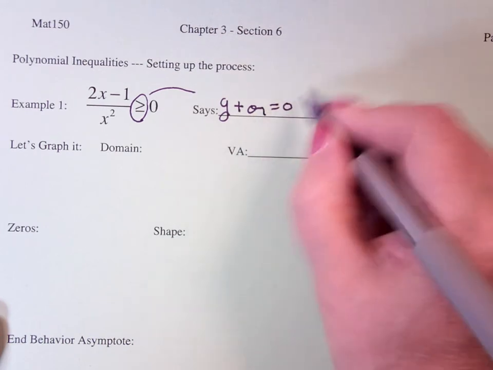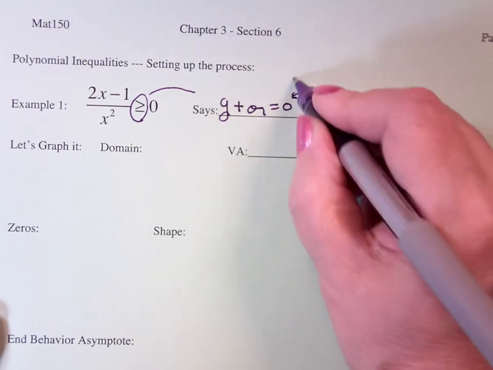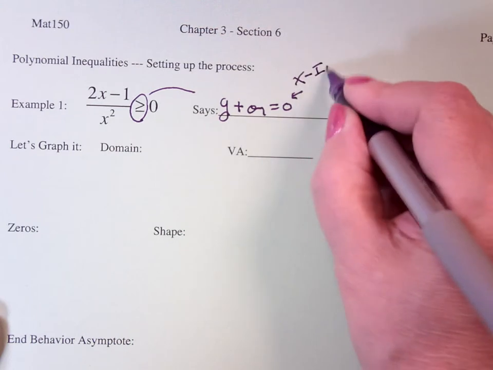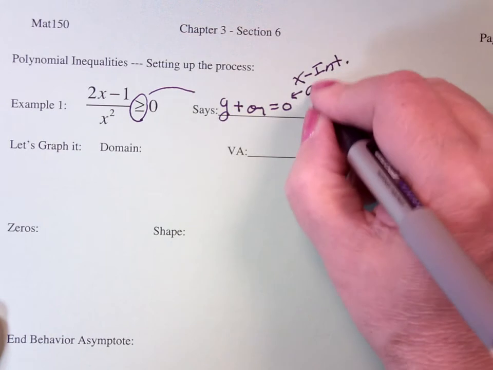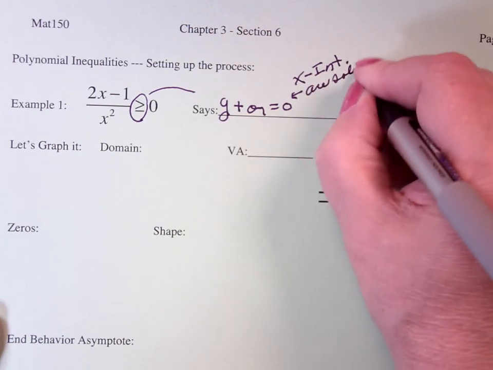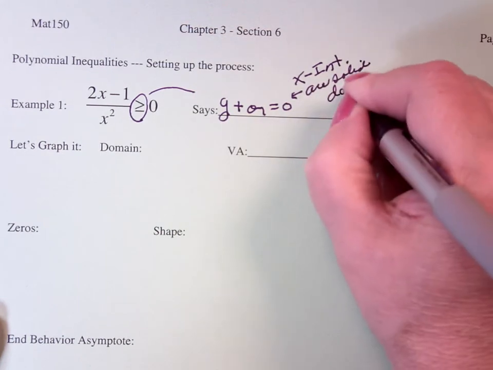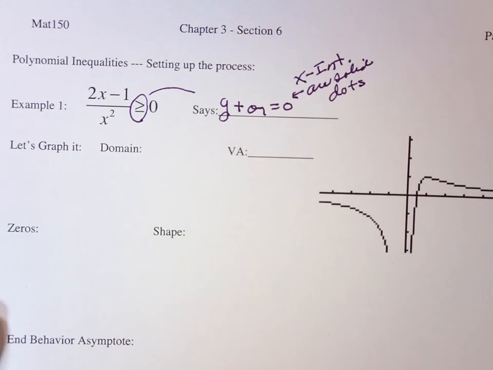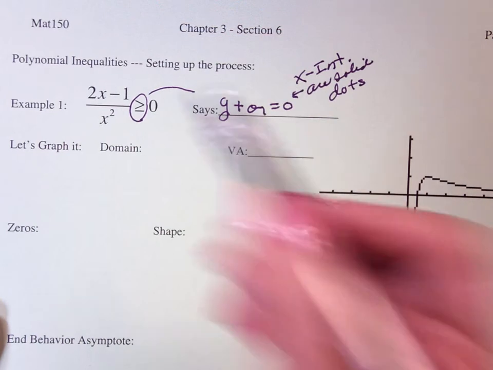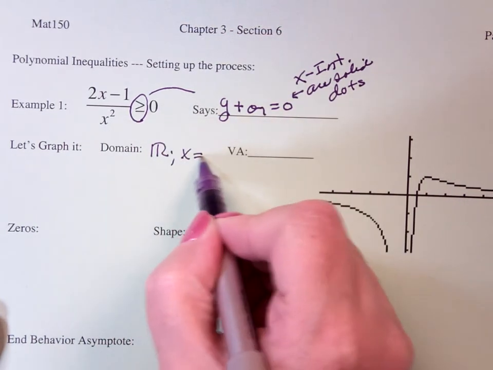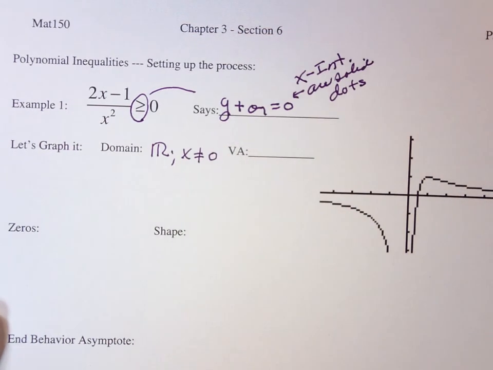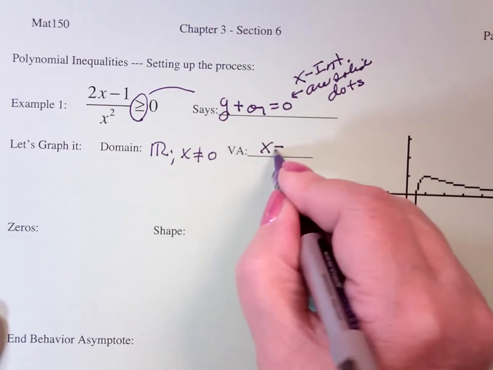The or equal to 0 means that the x-intercepts are solid dots. And if I take a look at the domain, it's all real numbers except x can't be 0, which means my VA is going to be x equals 0.